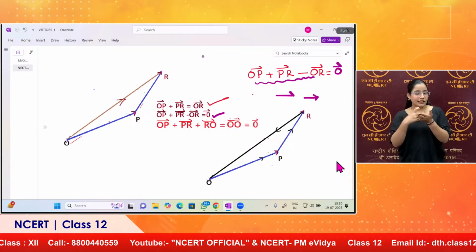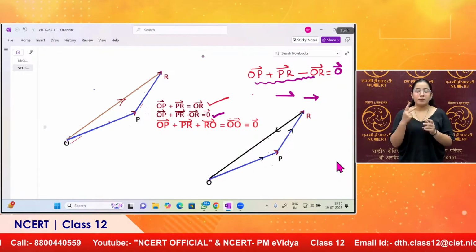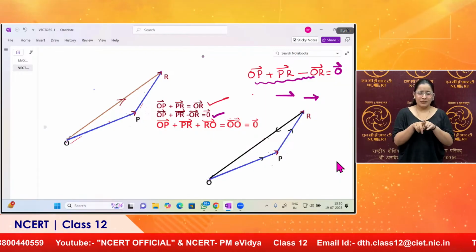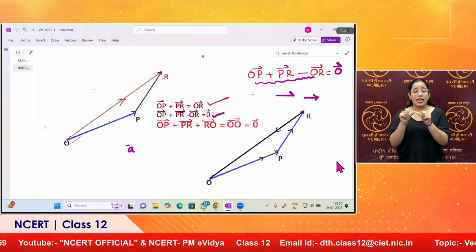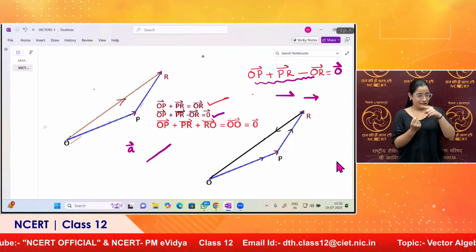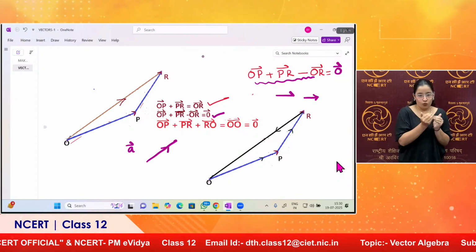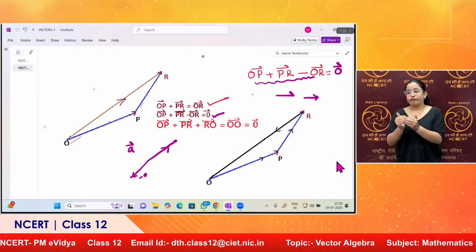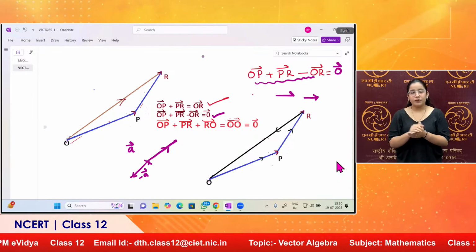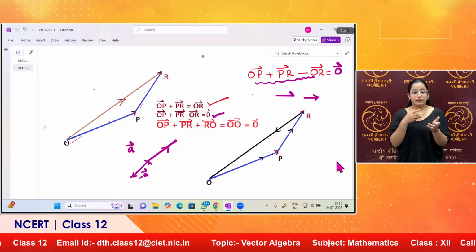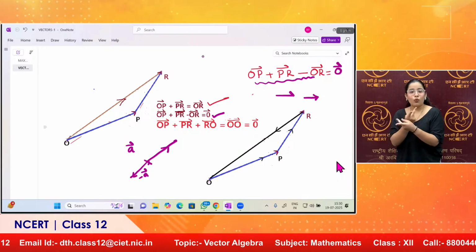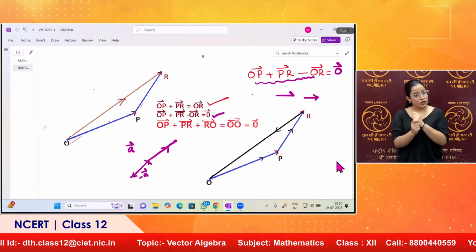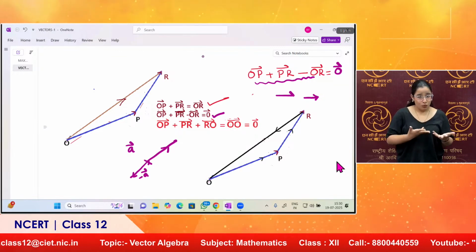Now let us rearrange. We have seen in the previous examples that A is one vector moving in this direction. What does minus A represent? The same thing in the other direction. This represents minus A, so its direction has changed. If its direction has changed, then the initial point and the terminal point change, as it is moving in the opposite direction.